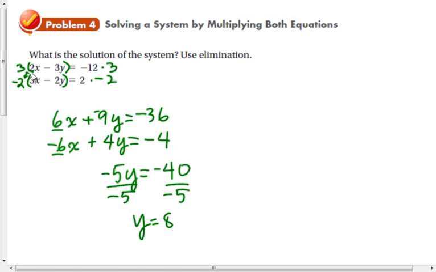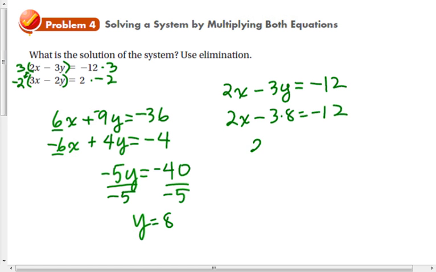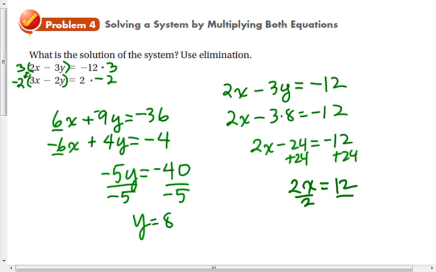And then to get x now, I'm just going to do 2x minus 3y, the top equation, is negative 12. Substitute 8 for y. Solve that. And I get 2x equals 12, dividing both sides by 2 gives me x equals 6.